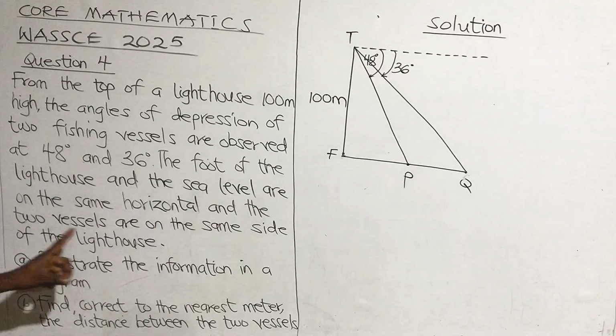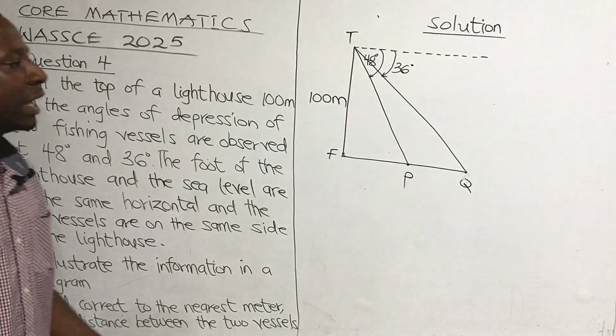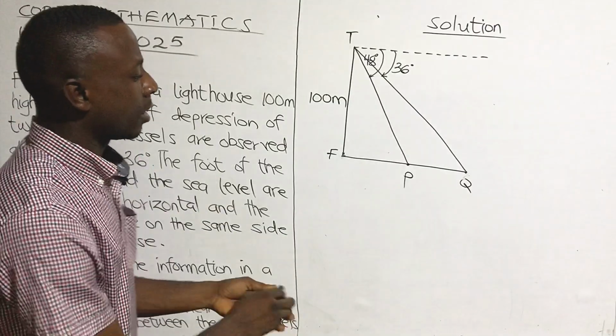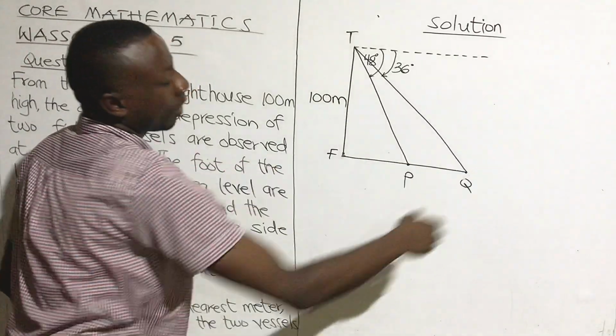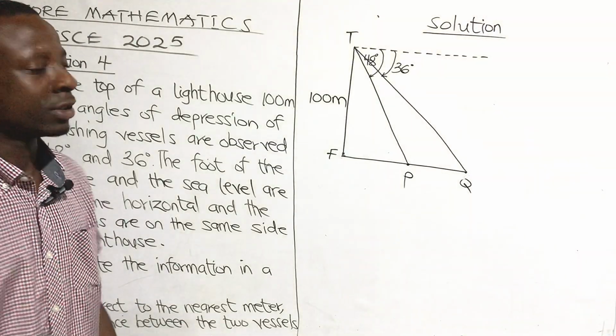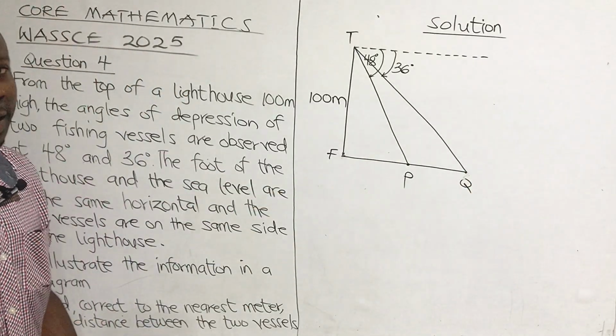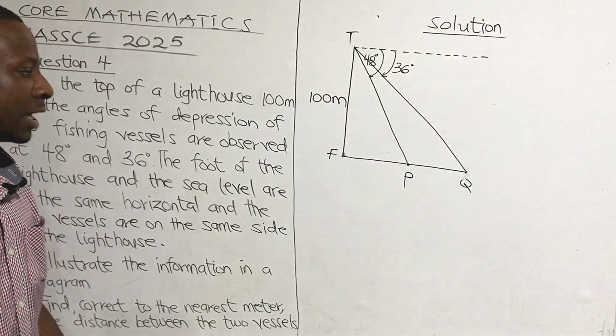And again, the two vessels are on the same side of the lighthouse, so either the vessels are all on the right-hand side of the lighthouse or on the left-hand side. For my sketch, everything is on the right-hand side of the lighthouse.